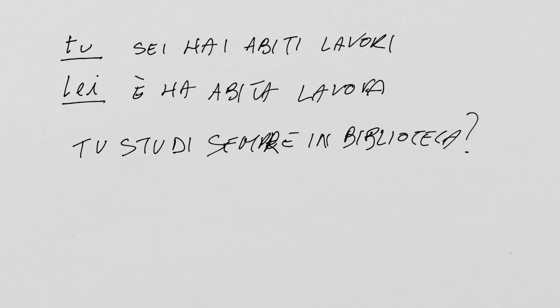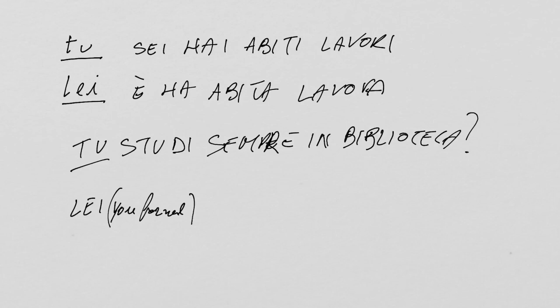Now, if you want to ask the same question in a formal way, because you need to ask that to a professor or an adult, someone that you are not familiar with, someone that requires a formal way of addressing people, you must replace tu with lei, equal you formal, and use the same form of the verb that you use for lui and lei, so the third singular person of the verb.